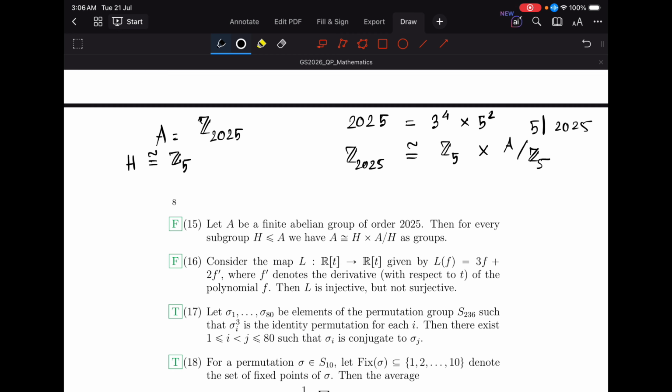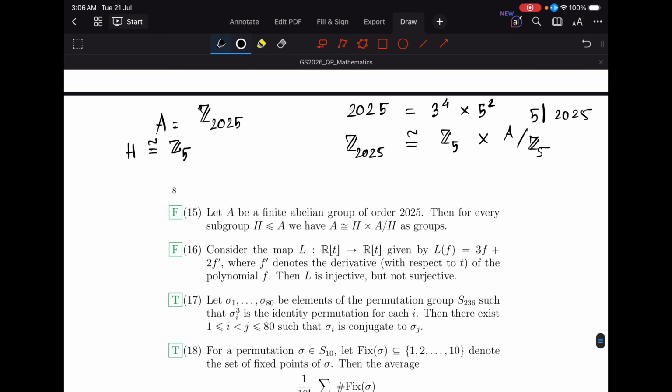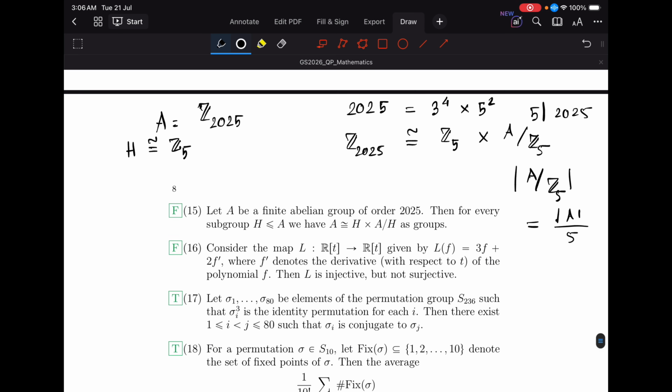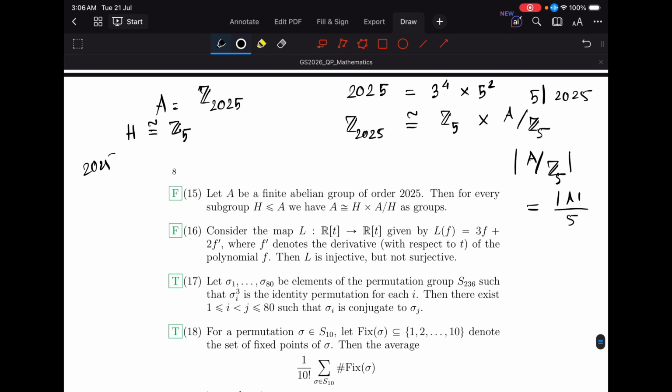Then what will be the order of A mod Z5? The order is the order of A divided by 5, which is 2025 divided by 5. This is 405. Okay, 405.